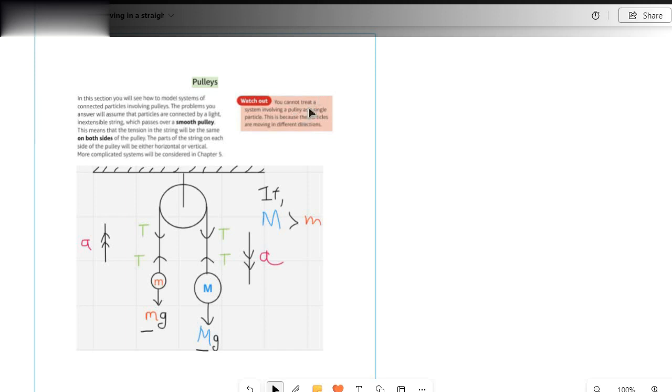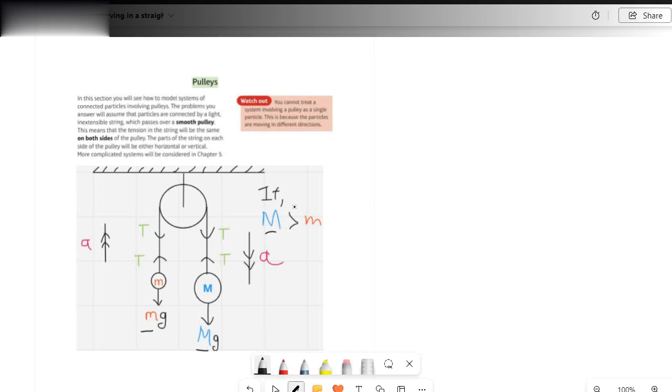You cannot treat a system involving a pulley as a single particle. This is because the particles are moving in different directions. Let's consider this example of a pulley system where there are two masses, capital M and small letter m, and assuming that the capital letter M has a numerical value greater than the small case m.